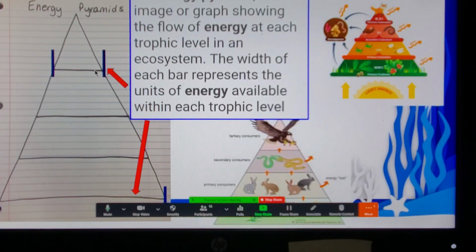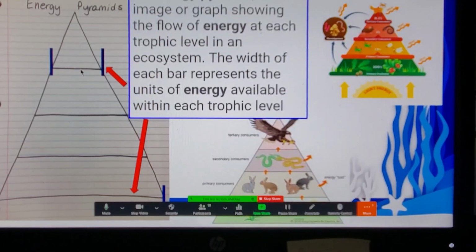So an organism eating right from the producer gets a lot more energy than whoever the apex organism is up here at the top. There's more energy down here. As you go up, less energy gets pushed up, and I'll show you an example of that.